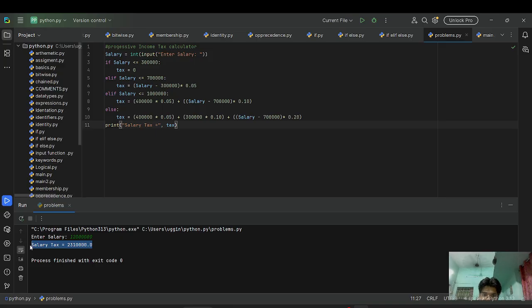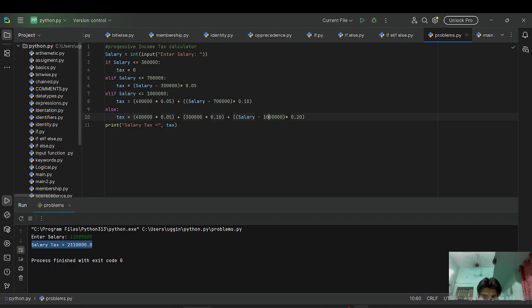Now salary 12 lakh minus 10 lakhs, the remaining salary will be 2 lakhs.